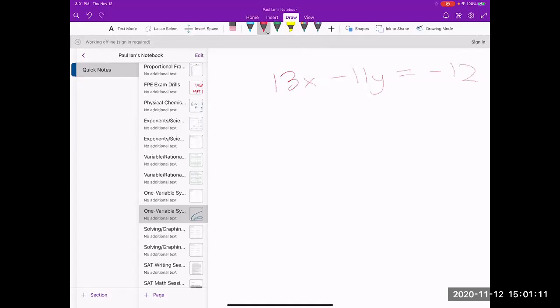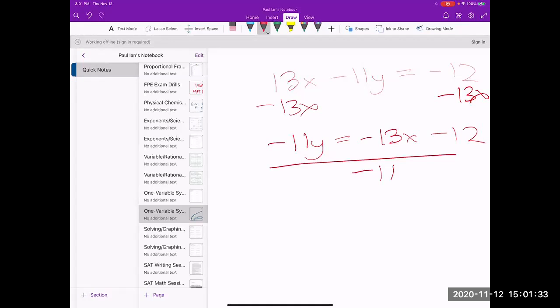So what would you do here? Minus 13x. Okay, minus 13x minus 13x. So minus 11y equals minus 13x minus 12, right? Yeah. And what's next? Divided by negative 11. Okay, this is kind of like your two-step stuff.